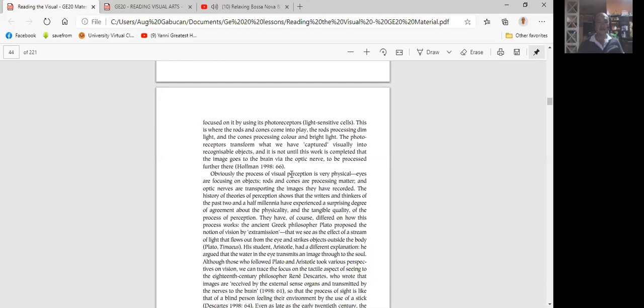So again, the process of visual perception is very physical. We have the eyes focusing on objects, then rods and cones processing matter, then the optic nerves transporting the images that they have recorded to the brain, and then the brain recognizes it into an image.